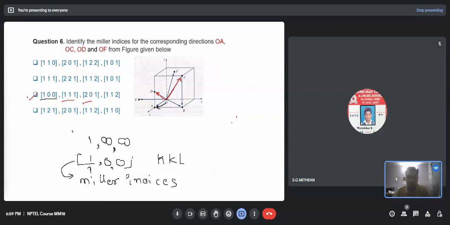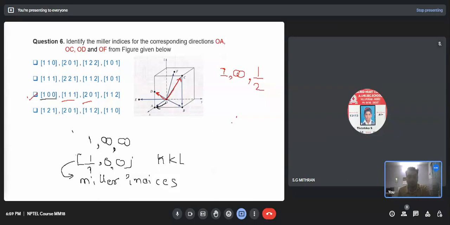Okay, for OD, we'll consider one. It is intersecting at the x-axis. Y it is not intersecting, so infinite we will take. And Z it is intersecting at half of the axis.